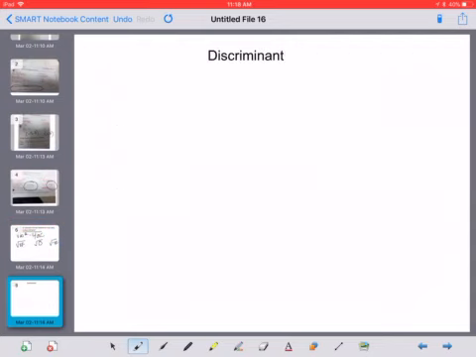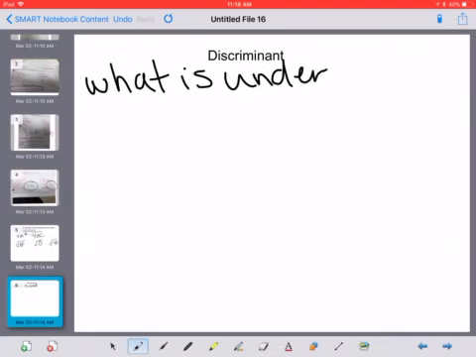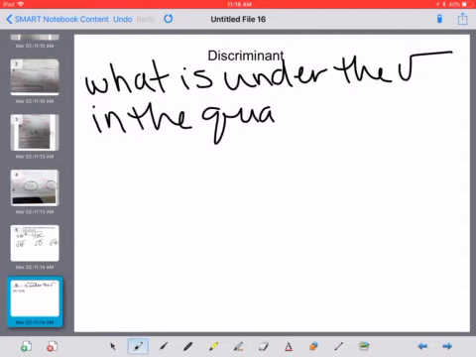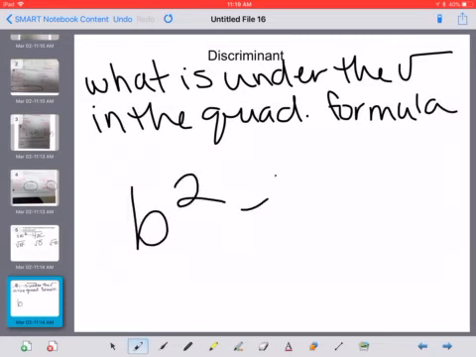And so the discriminant is just what is under the square root in the quadratic formula. And so that means that the discriminant is b squared minus 4ac. So you'll want to jot that down, and then we'll talk about what the discriminant will tell us.